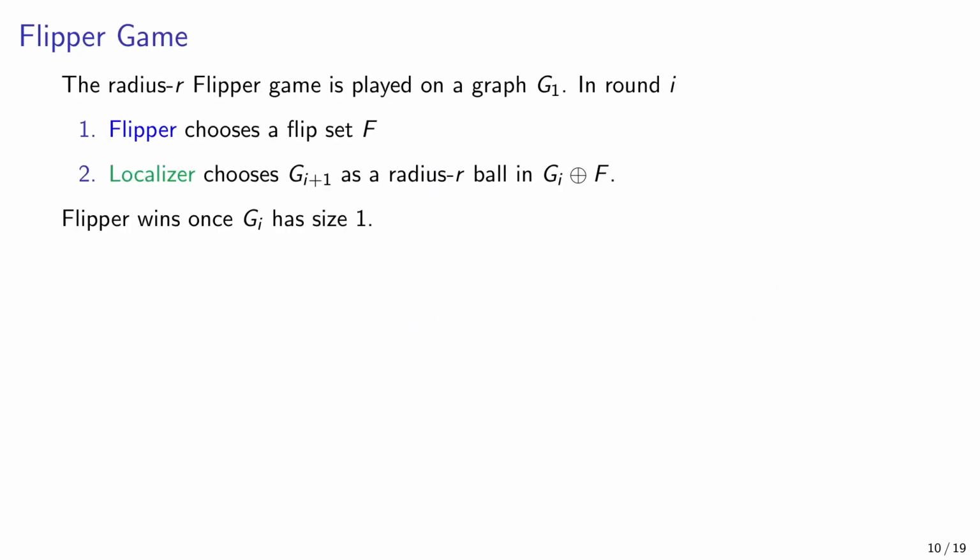Flips are the basis of the following game characterization of monadically stable classes of graphs called the flipper game. The flipper game is parameterized by a radius r, and it is played on a graph G in rounds by two players, flipper and localizer.